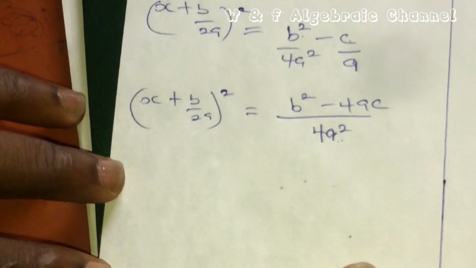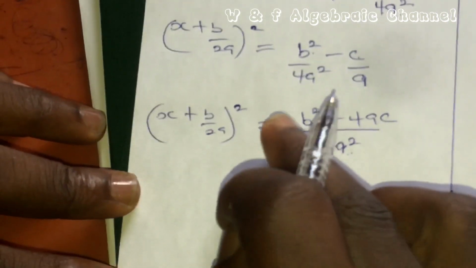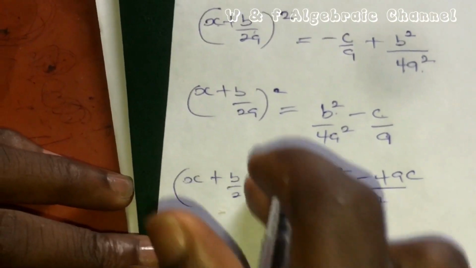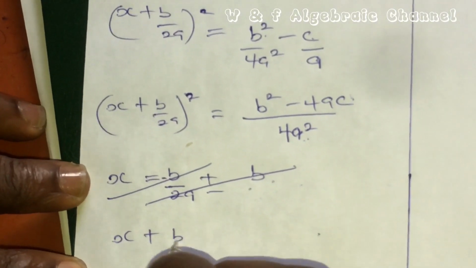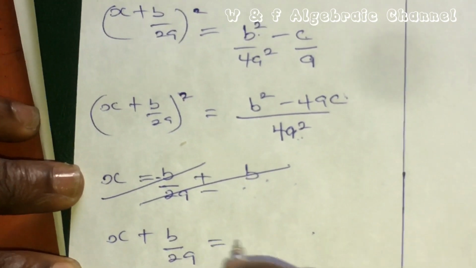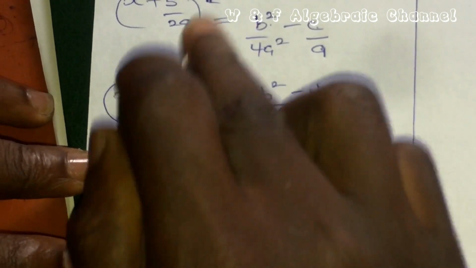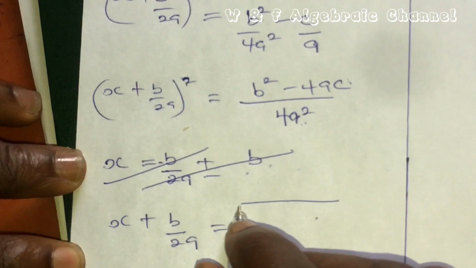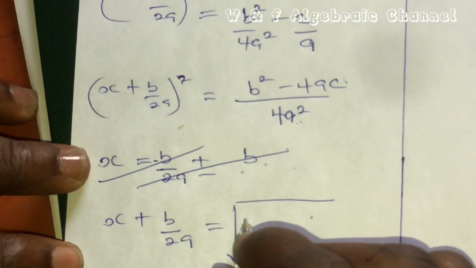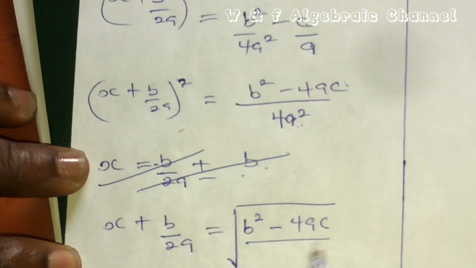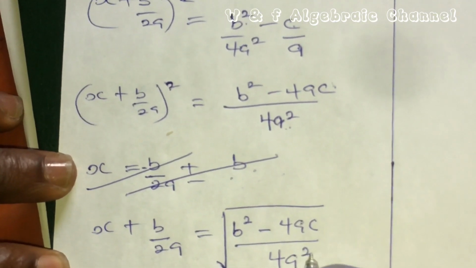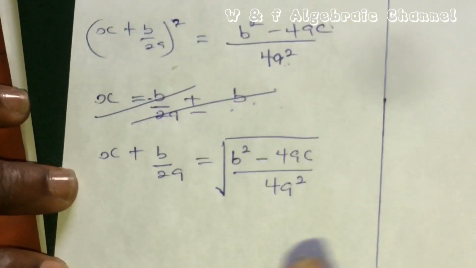Since it's a quadratic equation, we are going to introduce our plus and minus. Then we are taking all this to the right: x plus b all over 2a equals, since this square is coming to the other side, it will turn to the square root of b squared minus 4ac all over 4a squared.